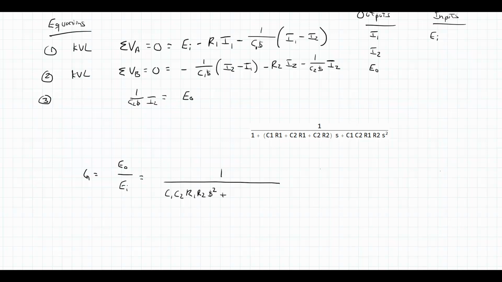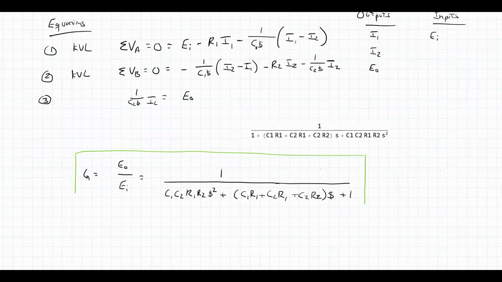And then the middle term, I have C1, R1, C2, R1, and C2, R2 times our S term, and then plus 1 at the end. And that's it. That's the one transfer function that we were looking for here, the voltage across the capacitor as our output versus that source voltage EI being our input.